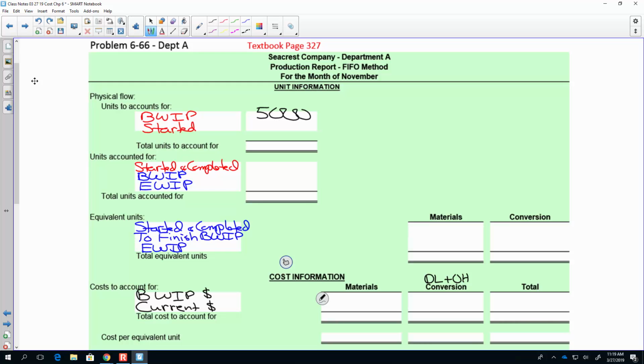What else do we know? 25,000 started units. Yep. Total is 30 then, which matches the next total.